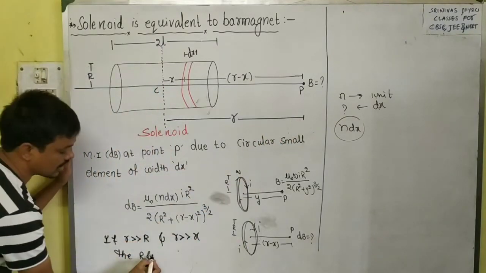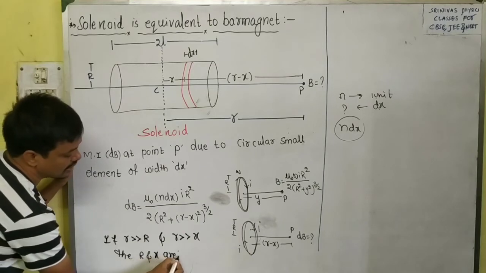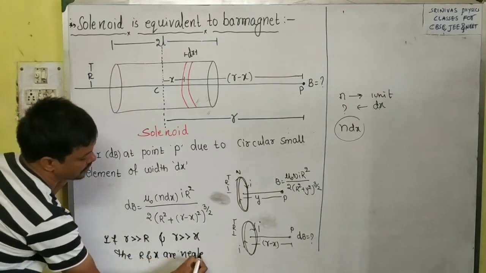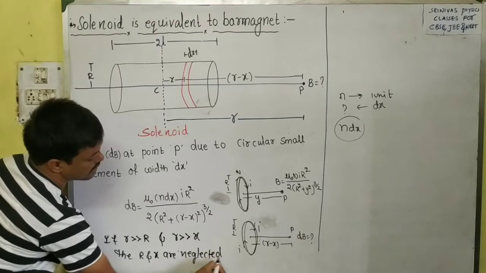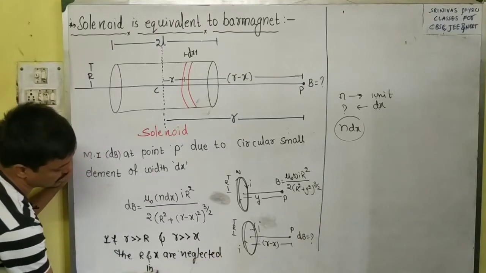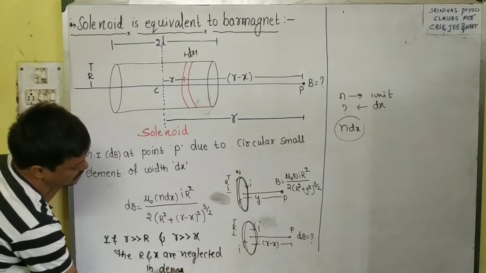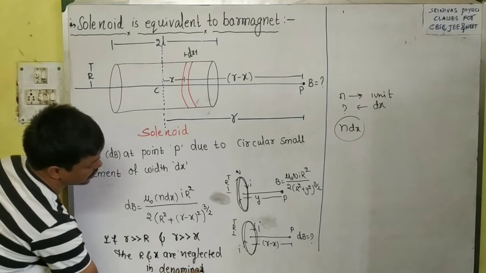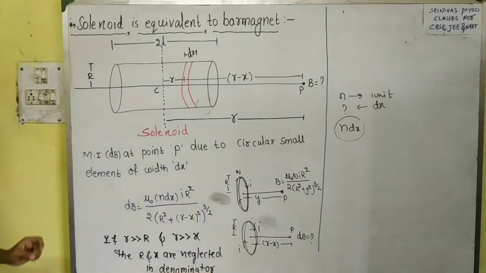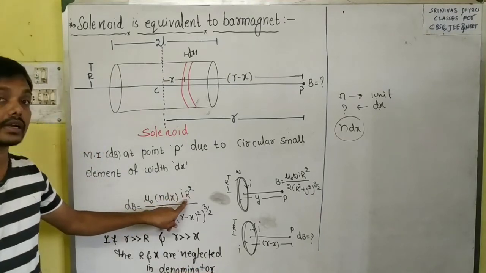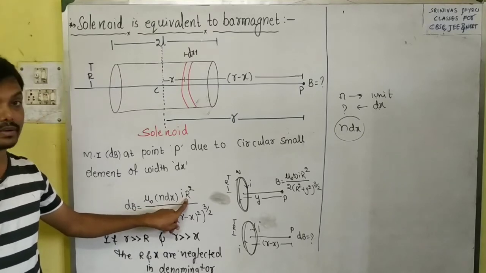That's why capital R and x are neglected in the denominator, when you compare with small r. Here capital R we cannot neglect in the numerator because we are not comparing with anything.